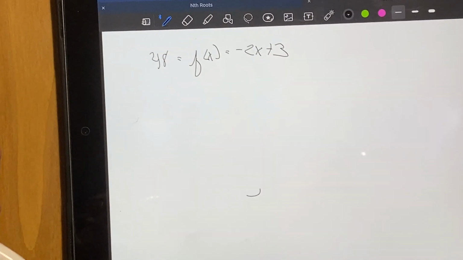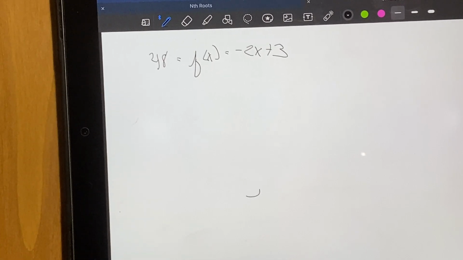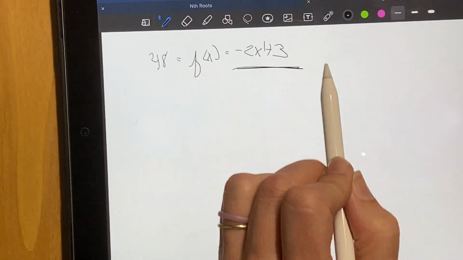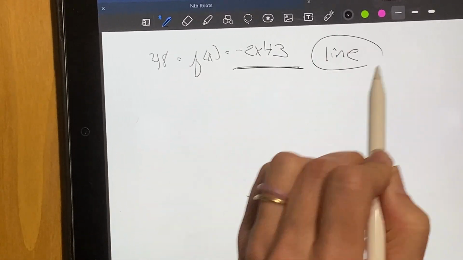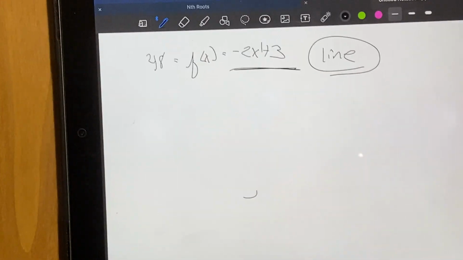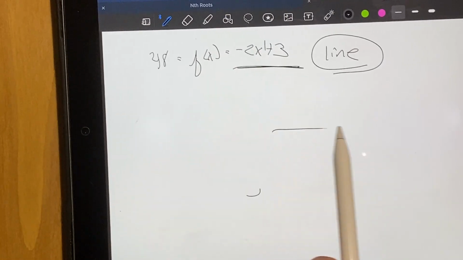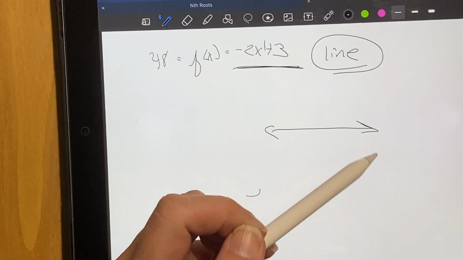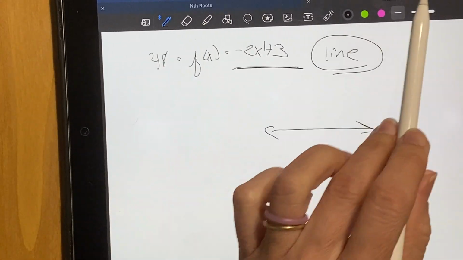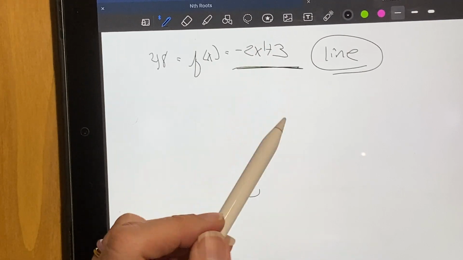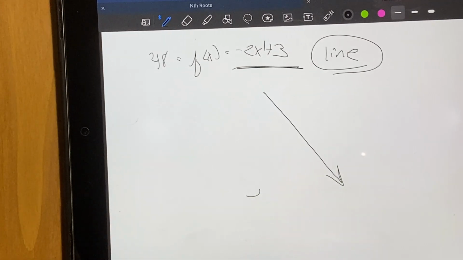Something that I'm going to tell you is that we need to know what the graph is. This graph right here, x is raised to the 1, so it's a line. Every line, unless it starts out as a horizontal line, so then our inverse is going to be different, is going to be a function. So I've got some line with a negative 2 slope.